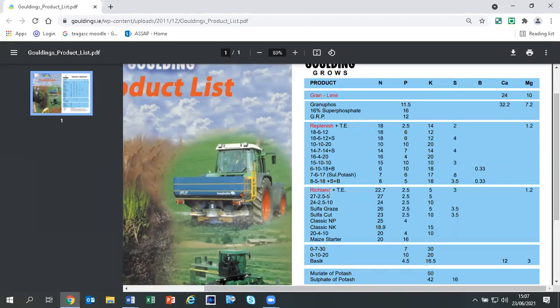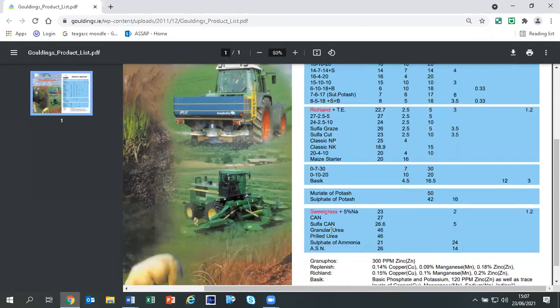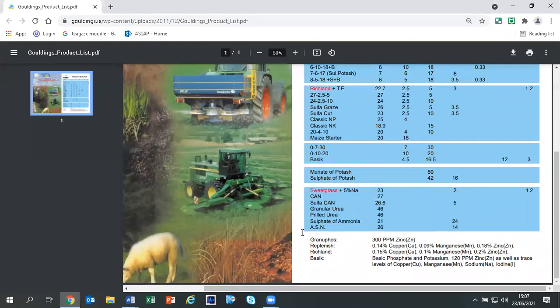So we have a breakdown of all of these fertilizers. These are mainly our nitrogen fertilizers down the bottom, the likes of your CAN, your urea is there. Those are our main nitrogen sources in terms of chemical fertilizer. Here we see the percentage of nitrogen contained in each of those fertilizers.